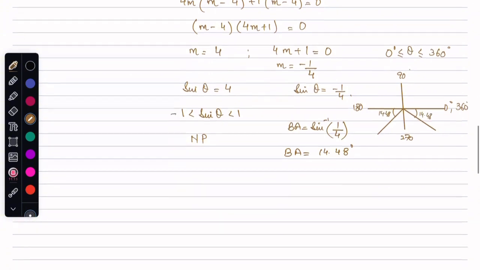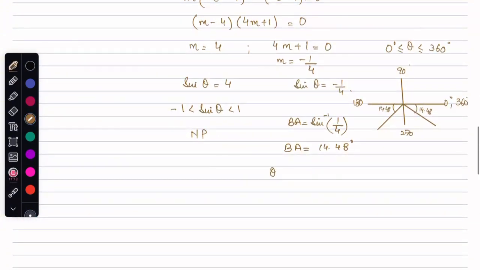So to get the general angles, the theta angles, I should say that this theta value is equal to 180 plus 14.5 degrees. I'm taking it up to one decimal place. And then for the second rotation, it should be 360 degrees minus 14.5 degrees here.